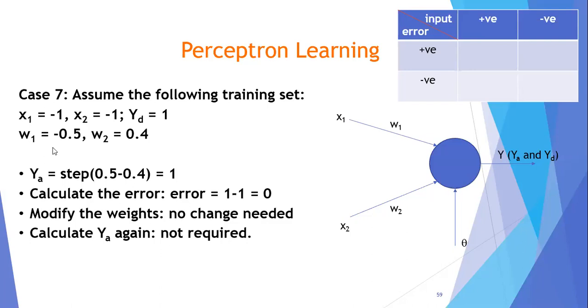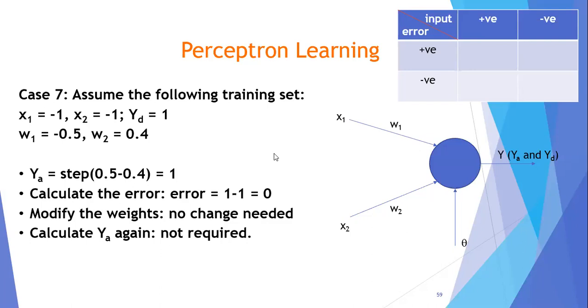The corresponding weights are w1 is minus 0.5 and w2 is 0.4, with theta again taken as 0. So y is the step of minus 1 times minus 0.5, so you get 0.5, plus minus 1 times 0.4, which is minus 0.4. So step of 0.1 is 1. In this case, both the actual output of the perceptron and the desired output are the same. So we get an error of 0. We're happy, we don't make any change.